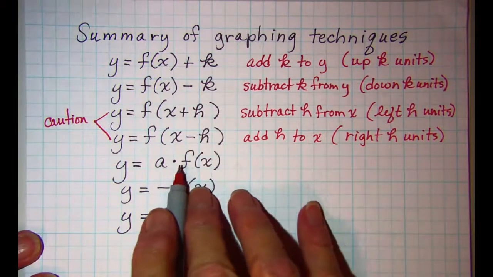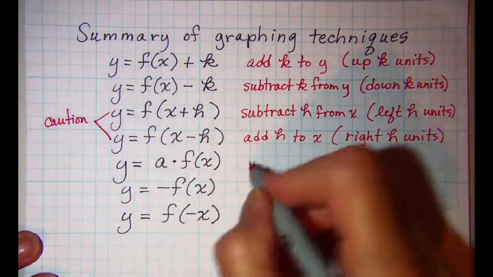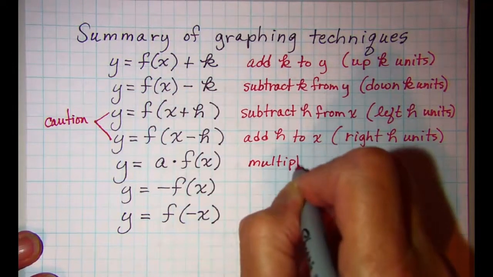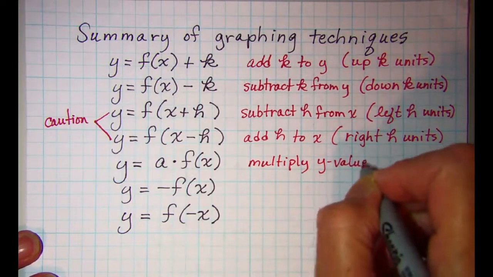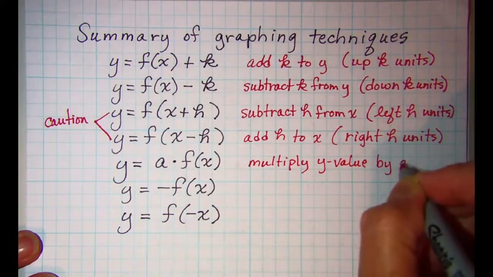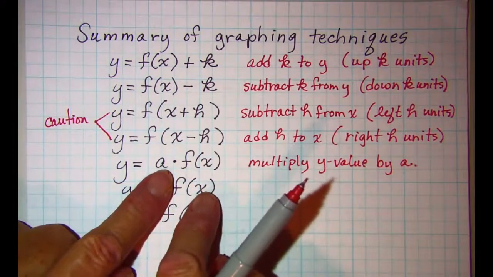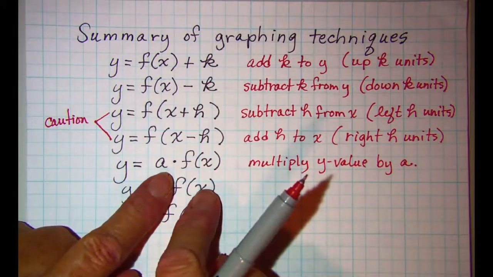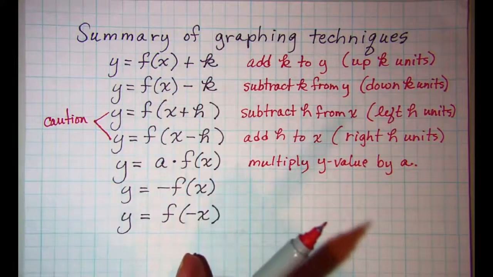On this one, we can see that we're multiplying our y value by a. And we did an example where if a is a fraction that's less than 1, it's a shrinking process. And then if a is greater than 1, it is a stretching process.